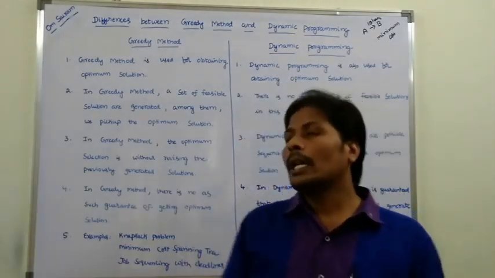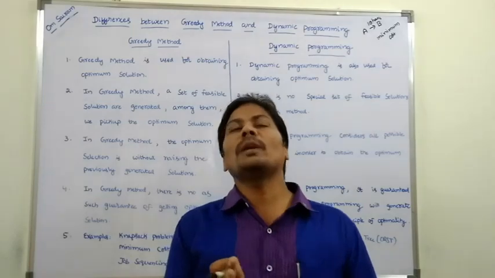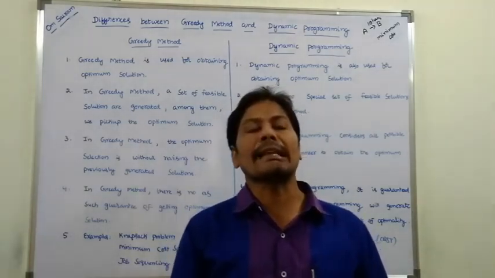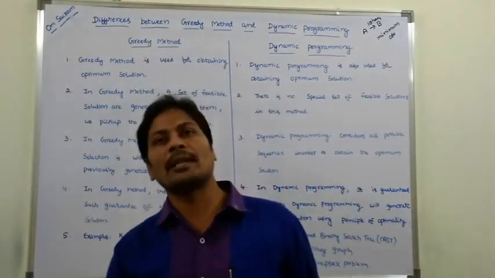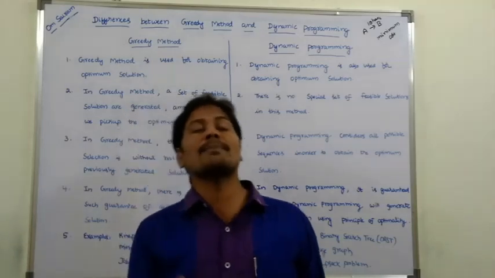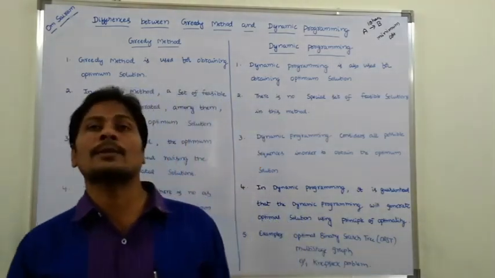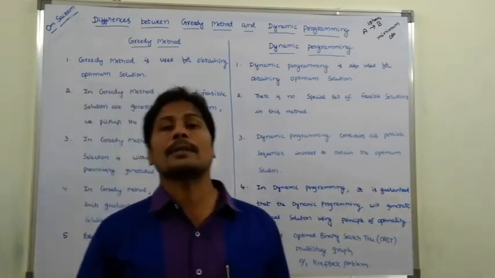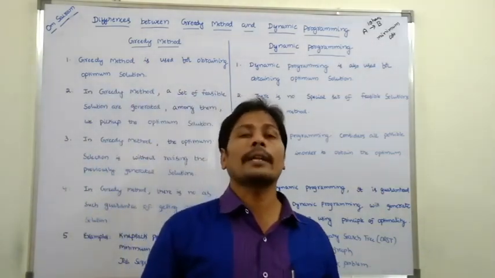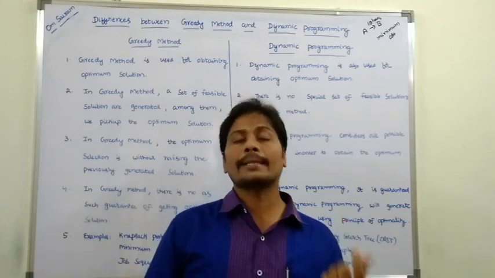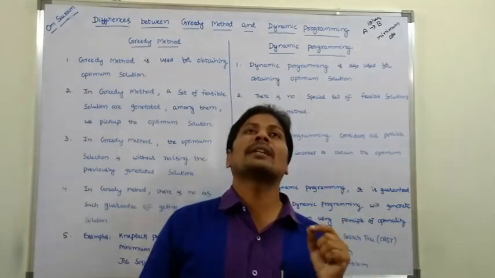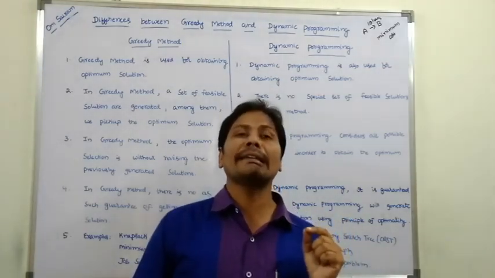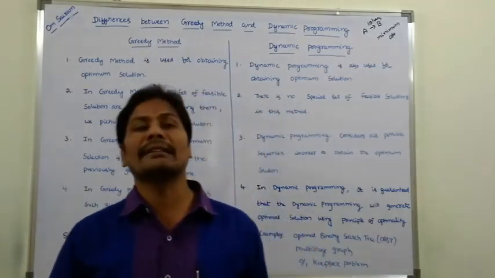Next, in a greedy method, we cannot guarantee that we will get the optimal solution. Sometimes we may get the optimal solutions, sometimes we may not. Because of that, we say that greedy method does not guarantee optimal solutions.